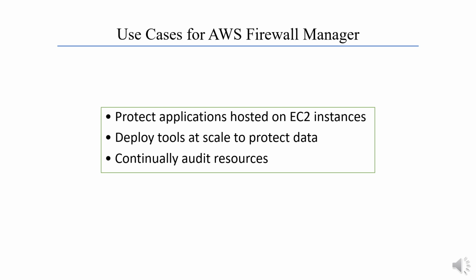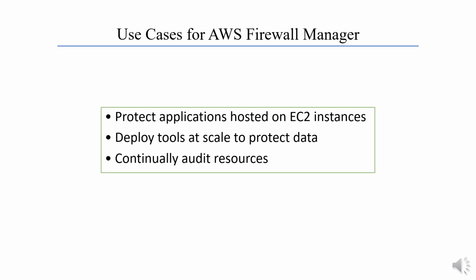Let's talk about each of these use cases. Protect applications hosted on EC2 instances: enforce a primary set of security group rules with a common security group policy while also deploying application-specific rules.